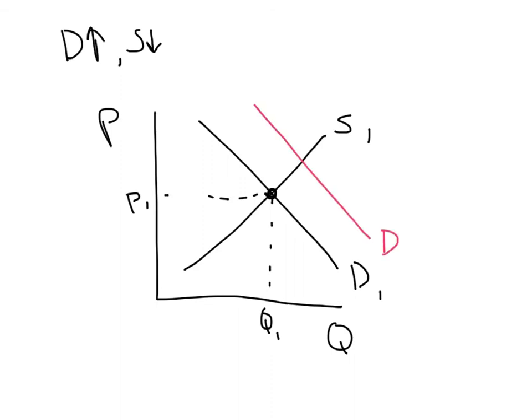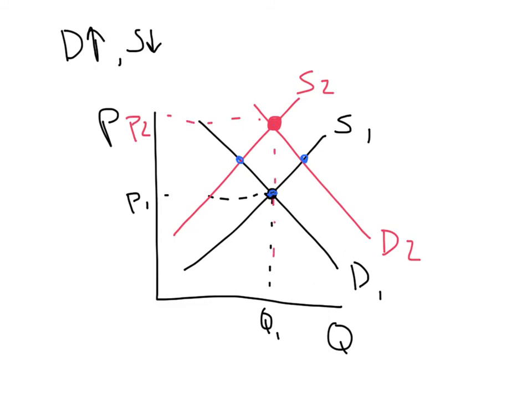So here's my new demand curve increasing to the right. My supply curve is decreasing, so it shifts to the left. And if you notice, there are lots of different points that now intersect. But our new equilibrium point is much easier to find when we use a second color. So here's my new equilibrium point.